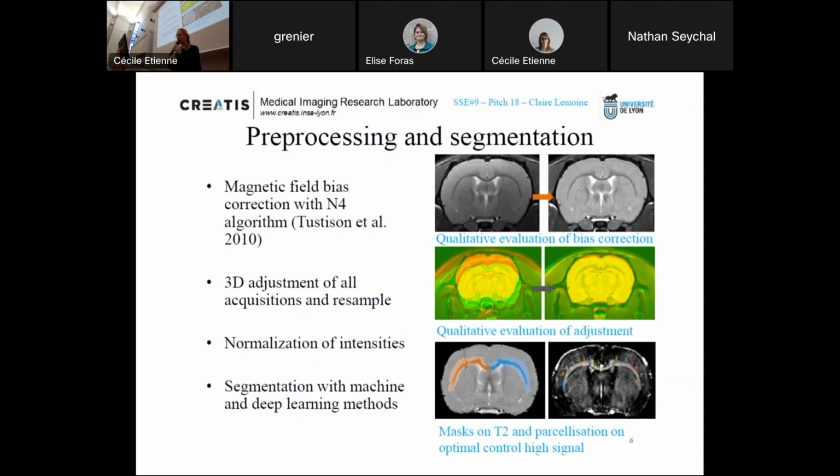Then I made a 3D registration of each MRI of each rat onto one model rat. And then I normalized all intensities to have a comparable intensity at each date for each rat. So finally, I can segment with machine and deep learning the corpus callosum and the gray matter around it, and also parcellate the corpus callosum to have details.